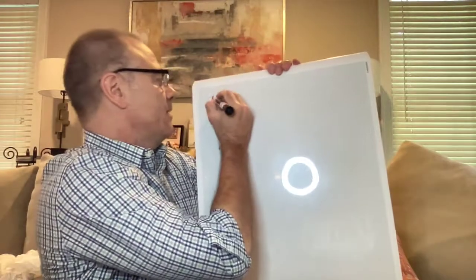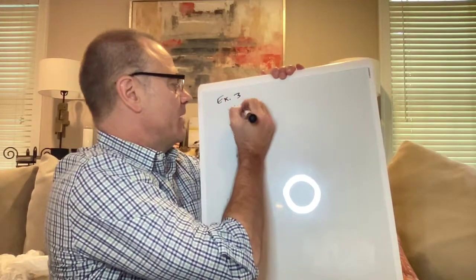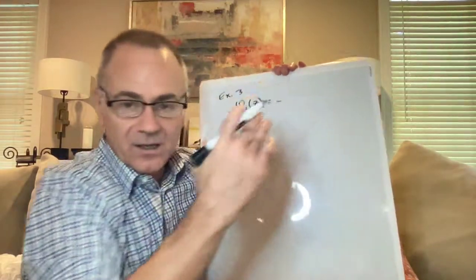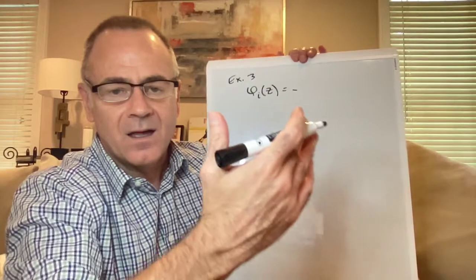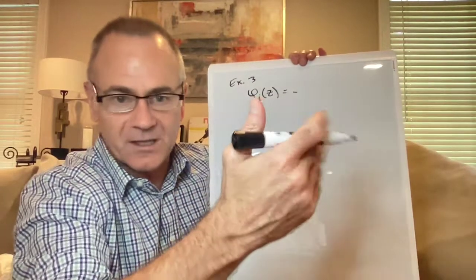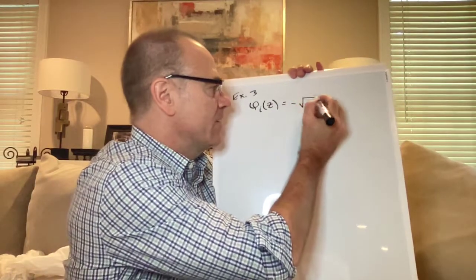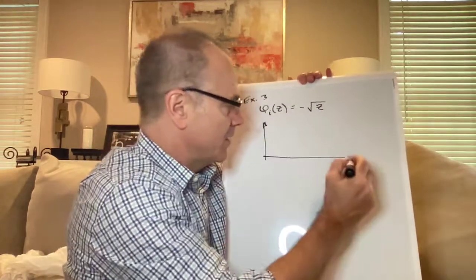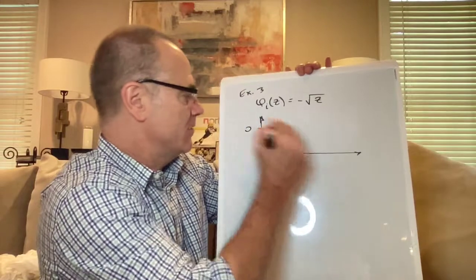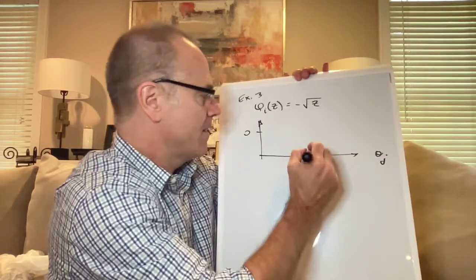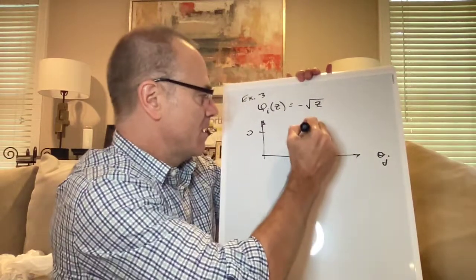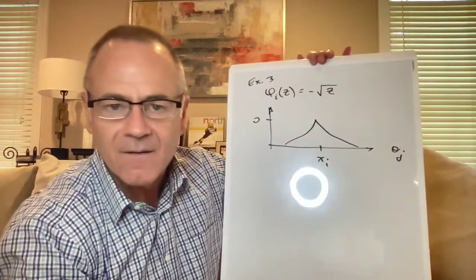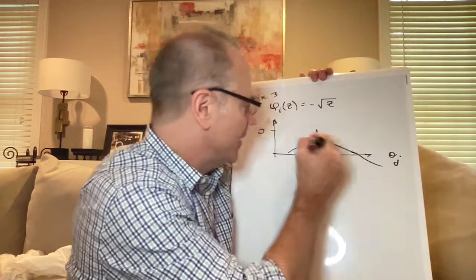Example 3, if phi i of z, instead it said it can be any strictly decreasing function. So here's another one, negative square root of z. Okay, I won't go through the math, but if that's 0, it's theta j, there's xi, the utility function is going to look like that. Okay, actually it can be less than 0.